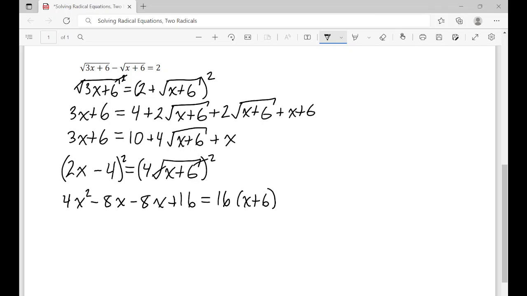Combining and distributing, 4x squared minus 16x plus 16 equals 16x plus 96.